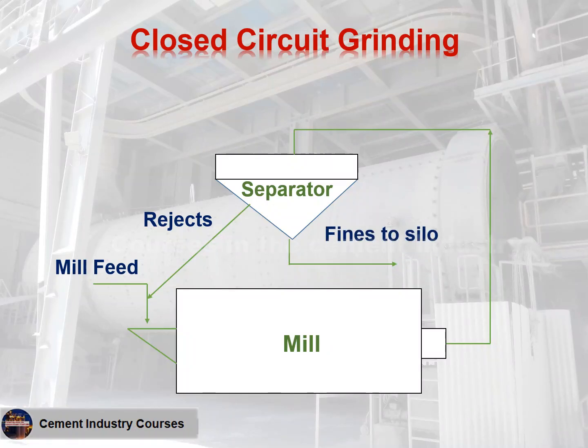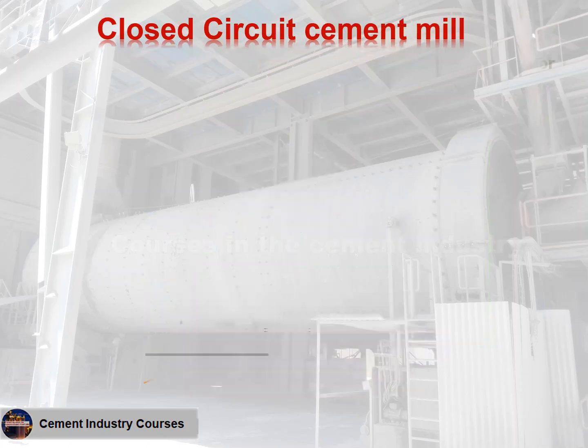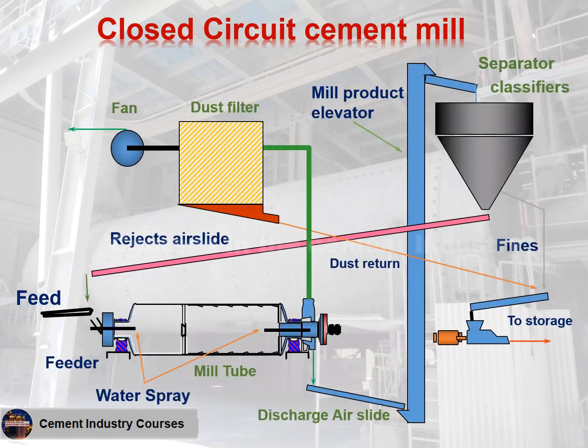Can be defined this process. In the closed circuit grinding is a size reduction process in which the ground material is removed either by screening or by a classifier, and the oversize is returned by integral classification to the mill for further processing. The flow sheet shows the actual layout of closed circuit grinding.